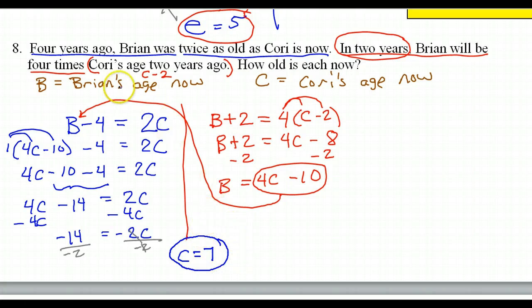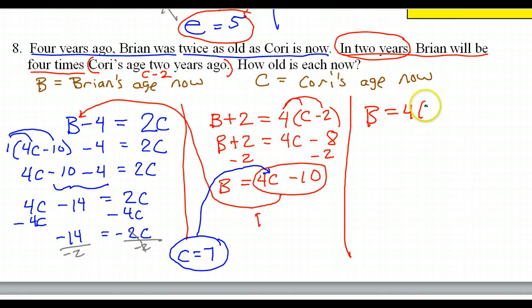If I want to know Brian's age now, I can just take this C and substitute. I think I'll put it over here. So Brian, that's just 4 times 7 minus 10. So that's 28 minus 10.